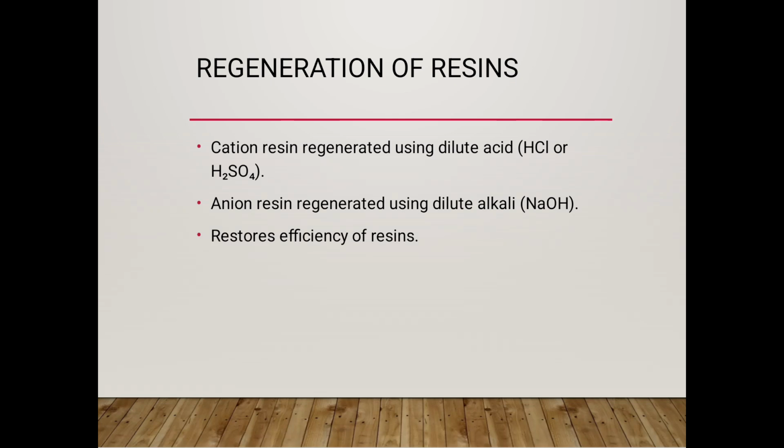So the waste resin left after the ion exchange process and after hardness is removed can be regenerated using HCl, and used again to remove the hardness of water. Similarly, anion resin is regenerated using dilute alkali NaOH, which restores the efficiency of the resins, and they can be used as they were earlier to remove the hardness of water.